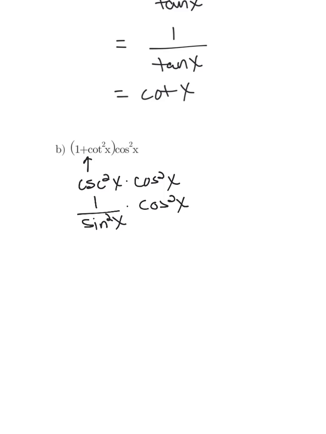Now, technically, this is cosine squared over 1. And if you do your fraction rules, you will get cosine squared of x over sine squared of x. Well, that equals cotangent squared of x. Now we are down to a single trig function, so our answer is complete.